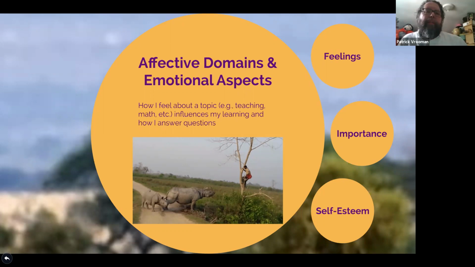Another critter, and I think a lot of people use this in their engage and reflect one, is the affective domains and emotional aspects. And these are your feelings. Your feelings are critters. I think about, what's the Disney show? Is it Disney?